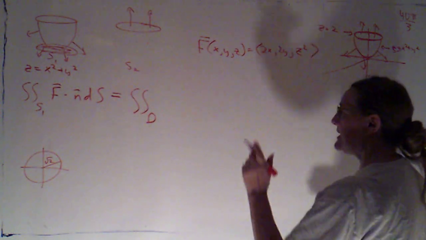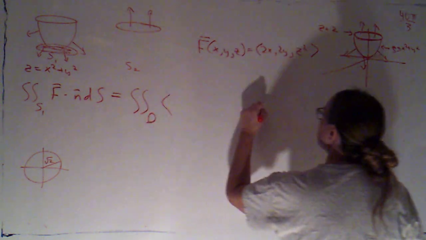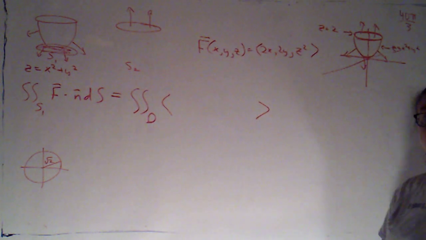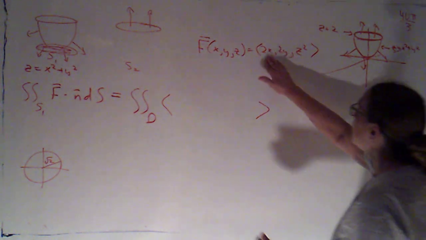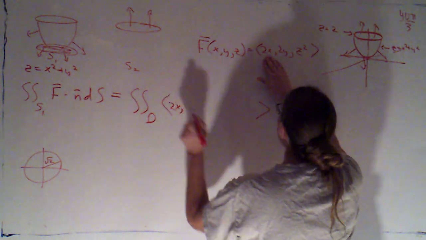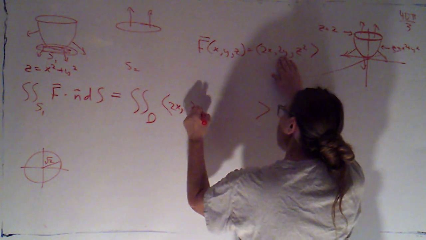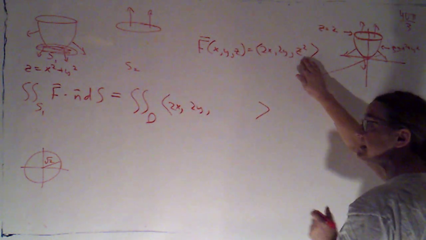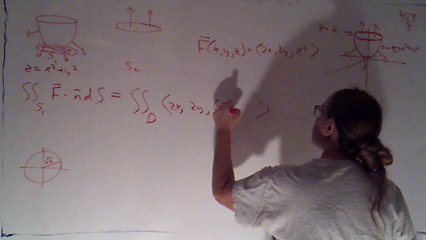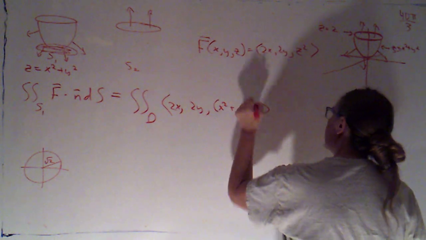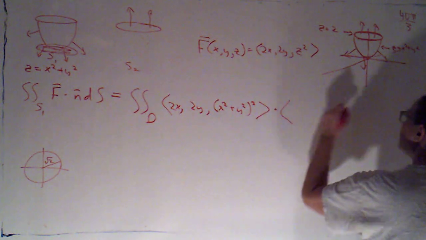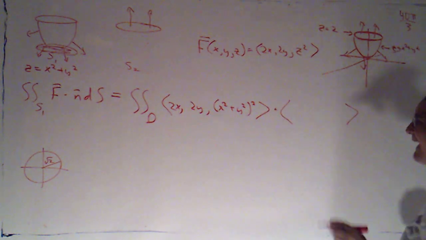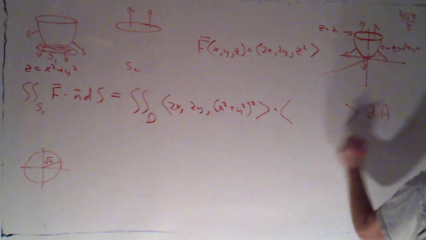Okay. But now I need to write my vector field F in terms of x and y only, because I'm using those as my parameters. So 2x can stay as 2x, 2y can stay as 2y, z squared becomes x squared plus y squared, squared. Then I want to dot with the non-normalized normal vector.